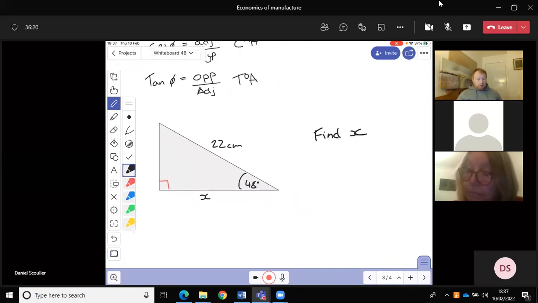Okay, so let's identify what we've got and then work our way through it. SohCahToa. See the way I write that with the middle letter of each a wee bit smaller and a wee bit higher up? It just reminds me that it's that small letter divided by the big letter.